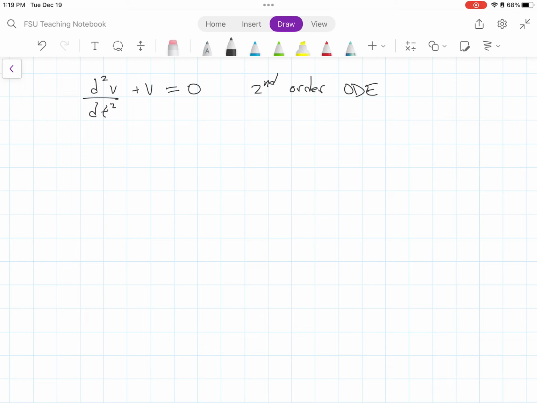So something is a constant coefficient ordinary differential equation if all the coefficients on your dependent variables are constant.